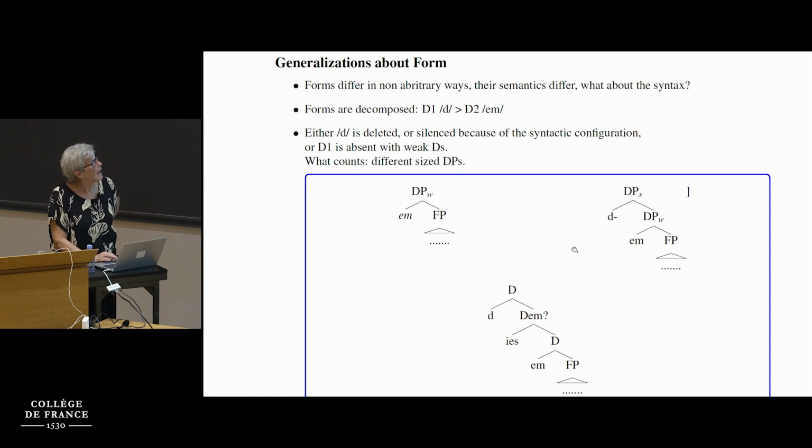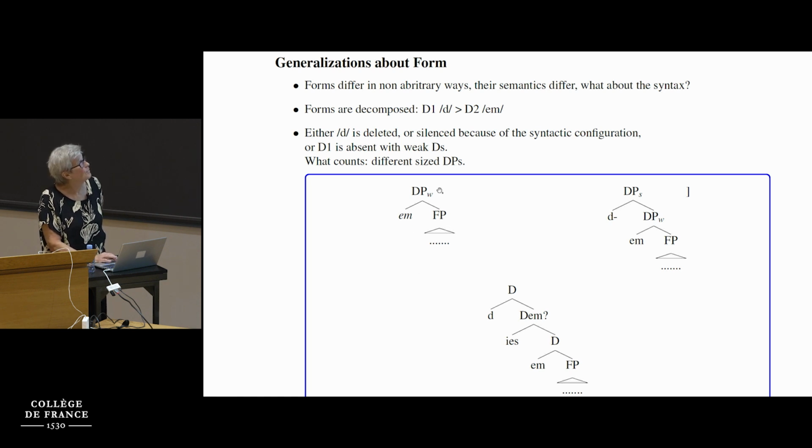So basically, as we saw for the earlier cases where you have bare nouns or nouns with a determiner, if you look at these forms, we see that the form dem is composed of two parts.